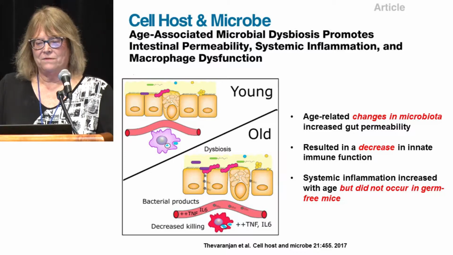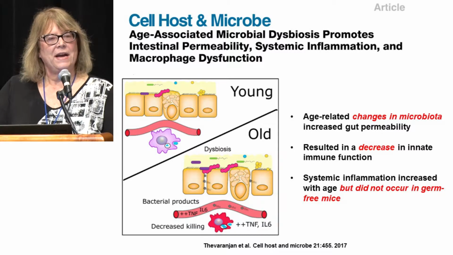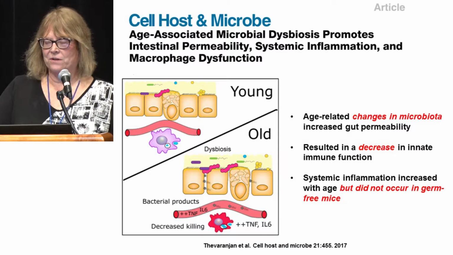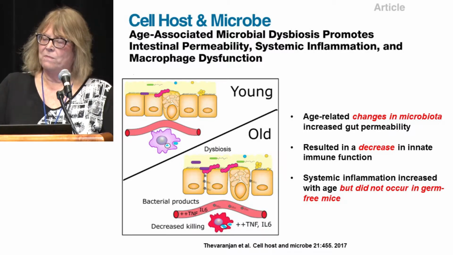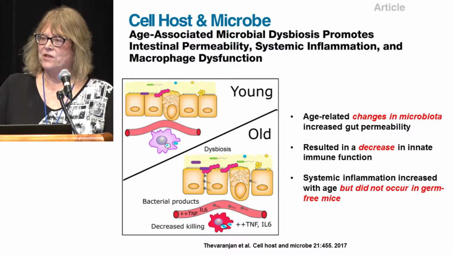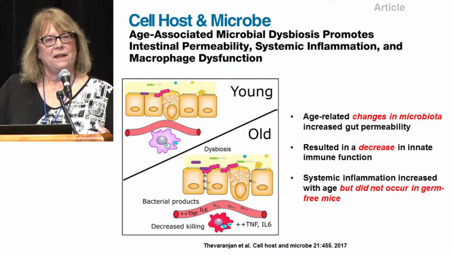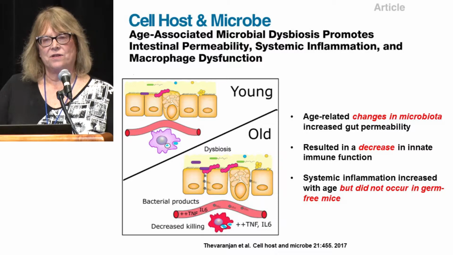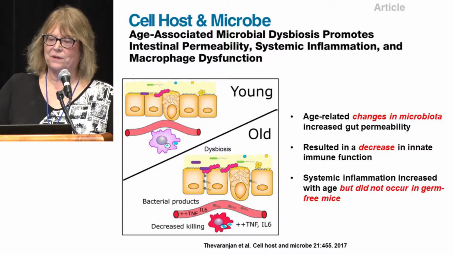This was associated with a decrease in innate immune function. So again, you now can't handle the microbes that are coming across. And if they did this in germ-free mice, there was no systemic inflammation. It was a very nice study showing that the age-related changes were related to gut permeability and changes in microbiota.